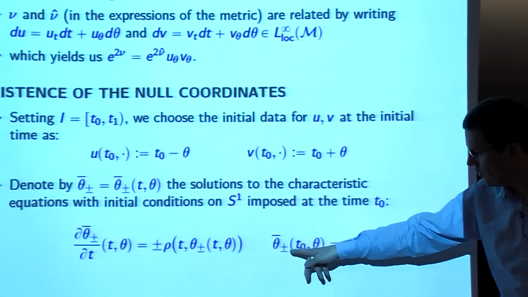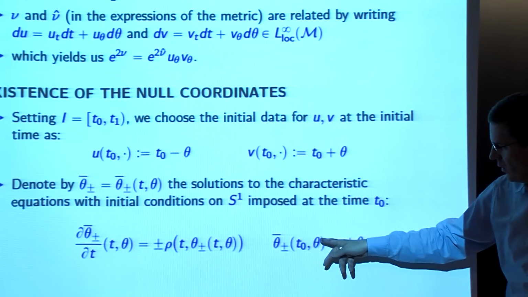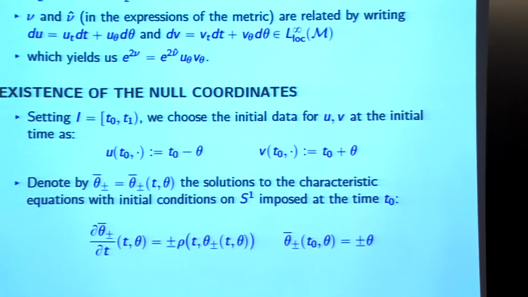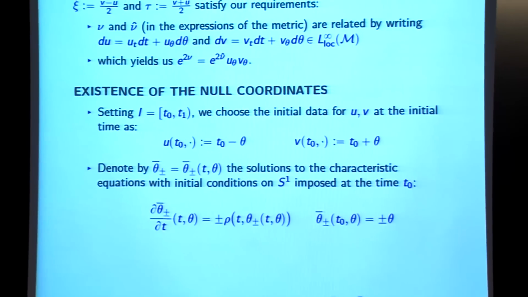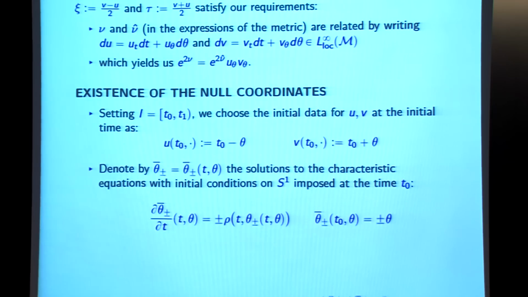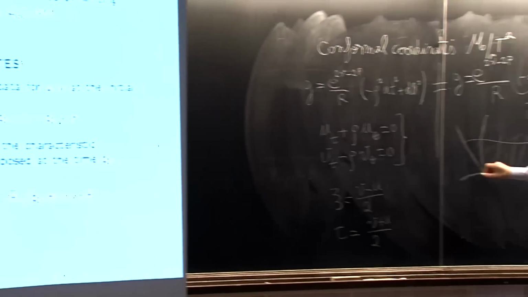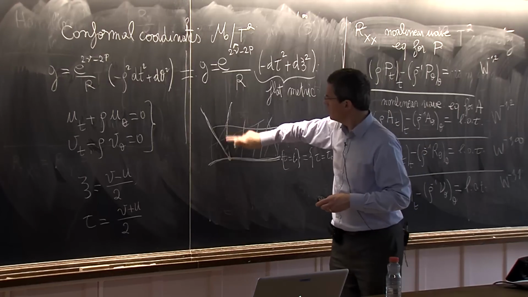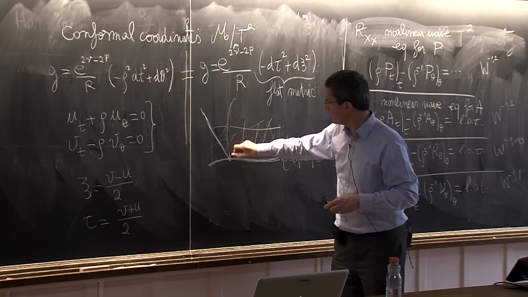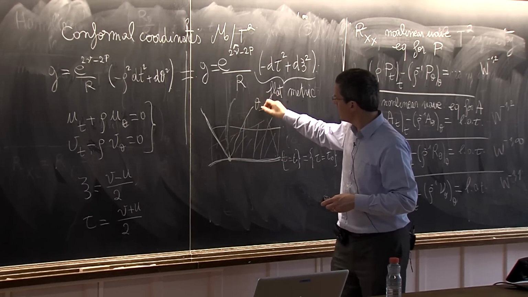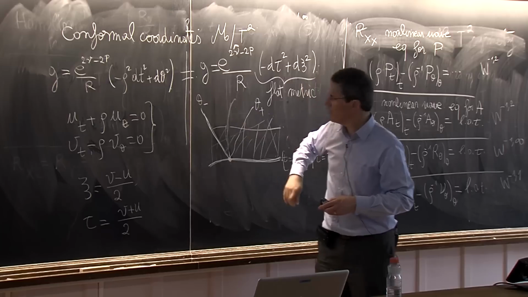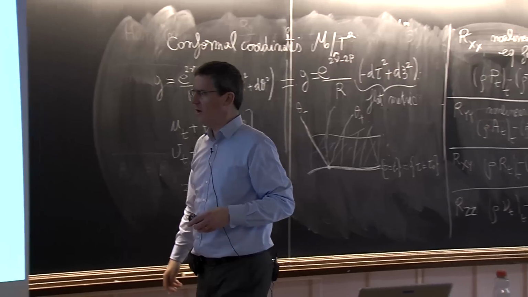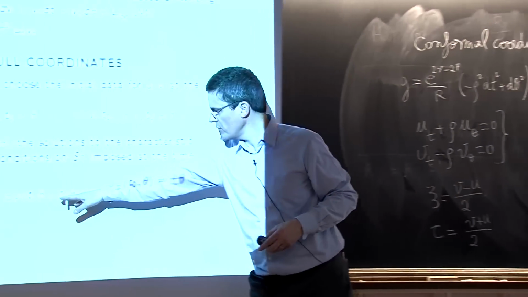We have the function theta plus of t, a trajectory from an arbitrary point here in time, and we have something analogous from the same point. We define a theta plus and a theta minus by simply following these curves at the speed which is given by rho.